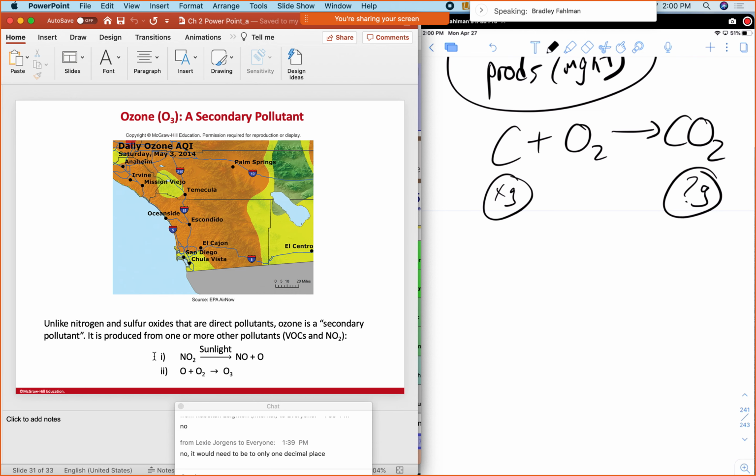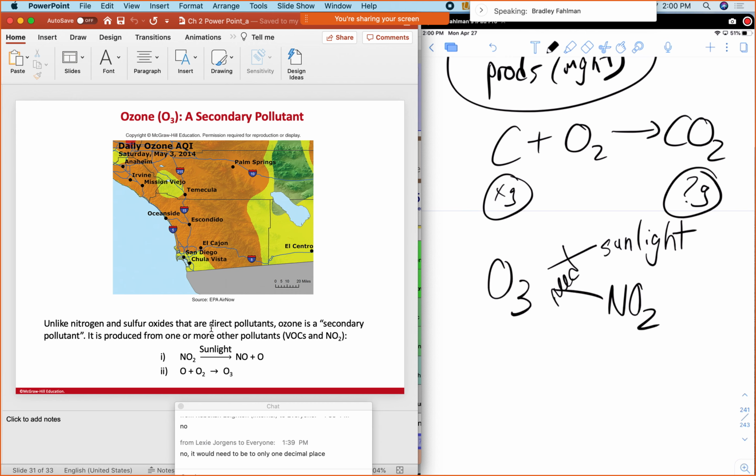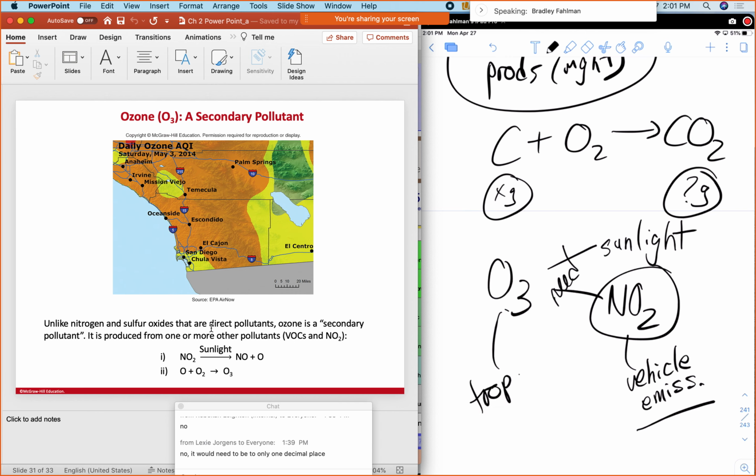Be familiar with this reaction scheme, not to regurgitate it, but to know that to form ozone you need sunlight and nitrogen dioxide, which comes from vehicles. Remember, this is the troposphere, so this is ozone where we're breathing it in, and it hurts our lungs, our eye tissue, stuff like that. So it's the bad ozone.